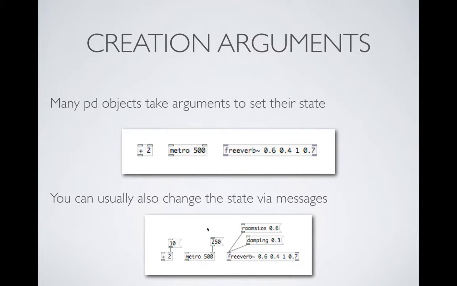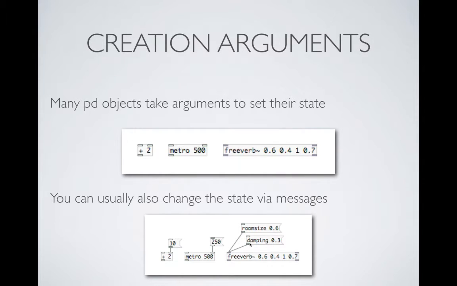And you can usually, not always, but usually change the state of objects via messages as well. In the past examples, we've changed the state of the plus object by passing in messages to the top right inlet. You can do the same thing with the metro object. You could pass a message in to its right inlet, and that will change it from a metro 500 to a metro 250, which means it's going to be outputting a bang 4 times a second rather than just twice.